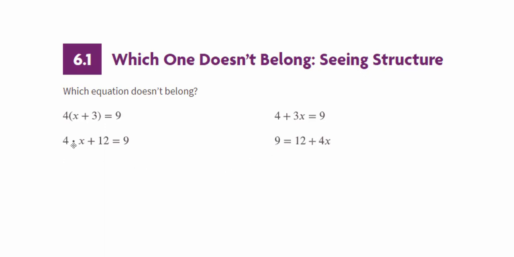This one has a multiplication dot symbol there. I don't see any multiplication symbols in the other ones, but I do see some multiplication. But this one just has a symbol. Let's see, what else?